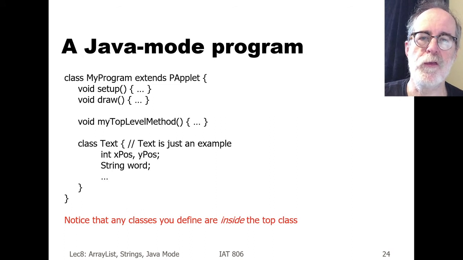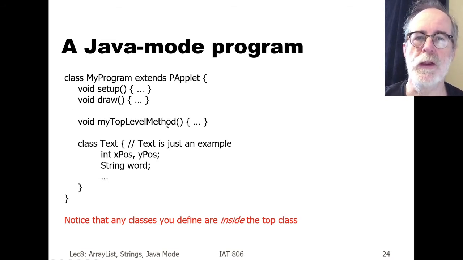If you didn't define setup, you will end up using the default PApplet setup. That's what will get run when setup is called. The PApplet will automatically run setup. That's just part of the startup method for PApplet.